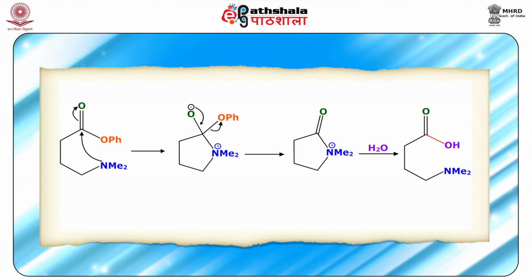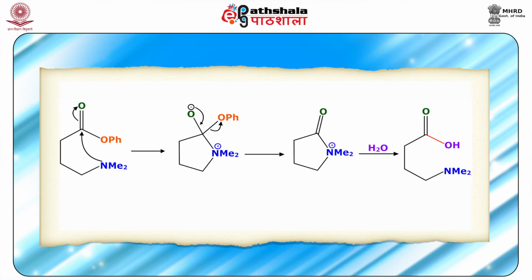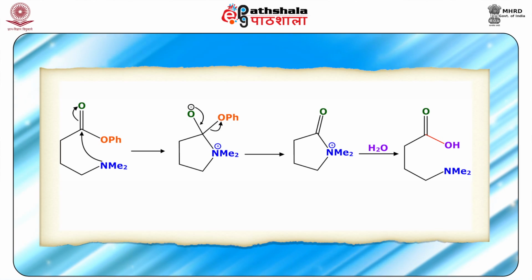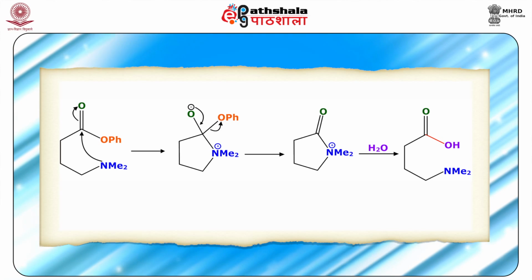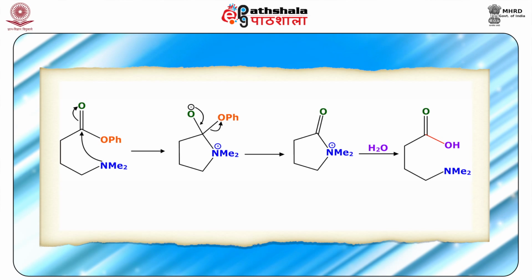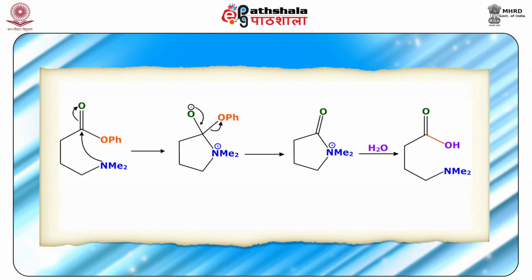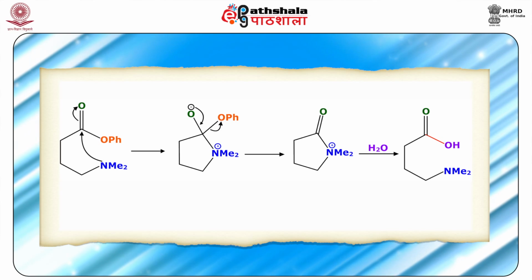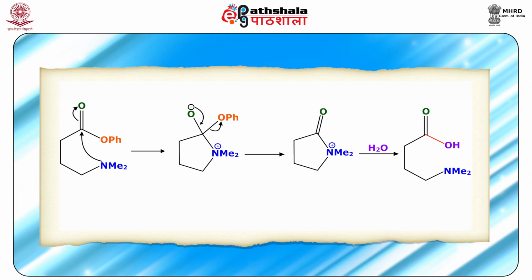Eventually it makes the OPh go out and gives you this C=O with N, and followed by hydrolysis, the water will attack at the carbonyl carbon and give you COOH, and the NMe2 is brought back to its original position. So in this particular case the NMe2 has provided anchimeric assistance for the hydrolysis of the COOPh group, which has been converted into COOH, and obviously the phenol will be the byproduct.